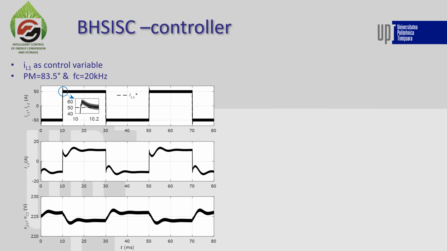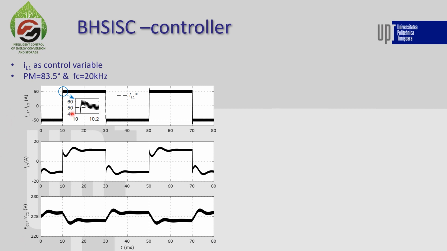Here we also used IL1 as control variable because it has a larger value, and we also took into account the oscillations that appear on the other state variables like the IL3 current or the two switched capacitors. We see that some damped oscillations are indeed present, but paradoxically it was a bit simpler to design the controller for this converter compared to the bidirectional hybrid switched capacitor converter.